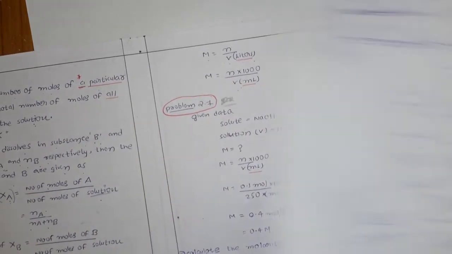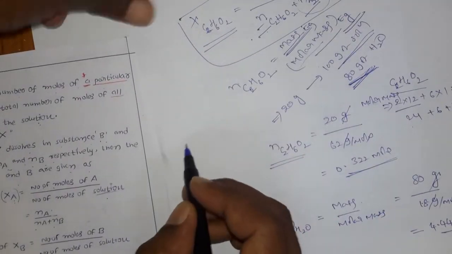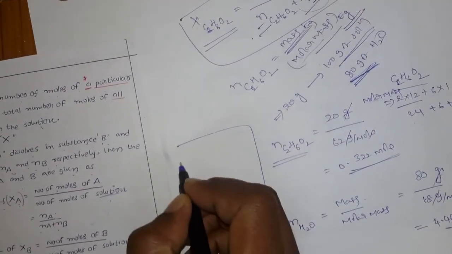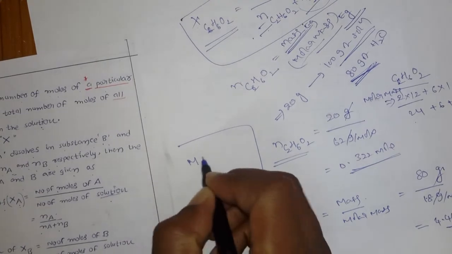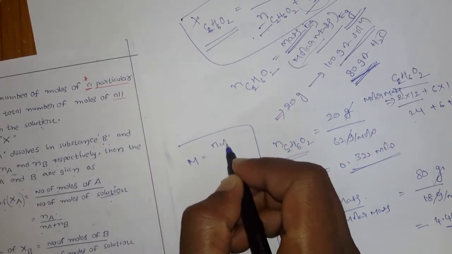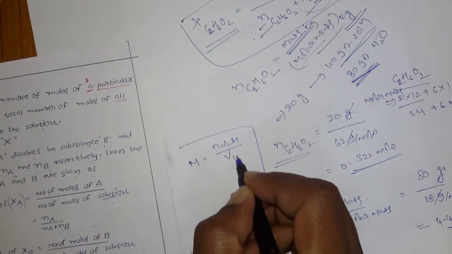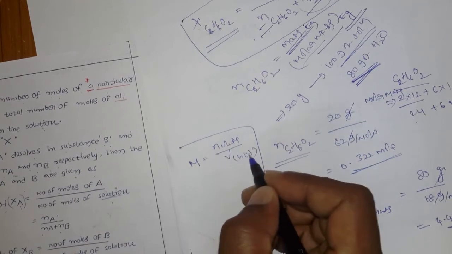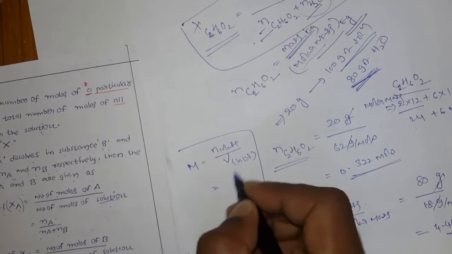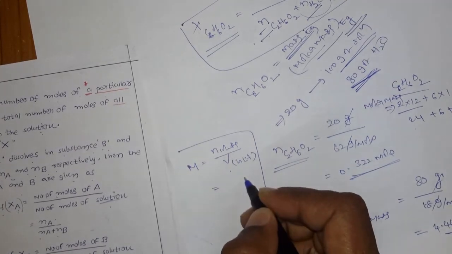So you don't get confused: the first principle is that molarity is the number of moles of solute divided by V in liters. When the volume is expressed in ml in the problem, you use the ml form.